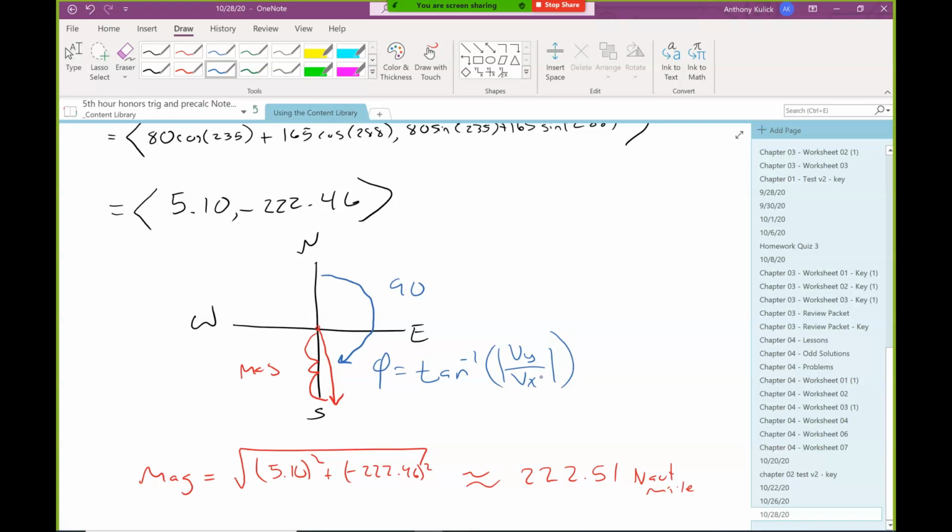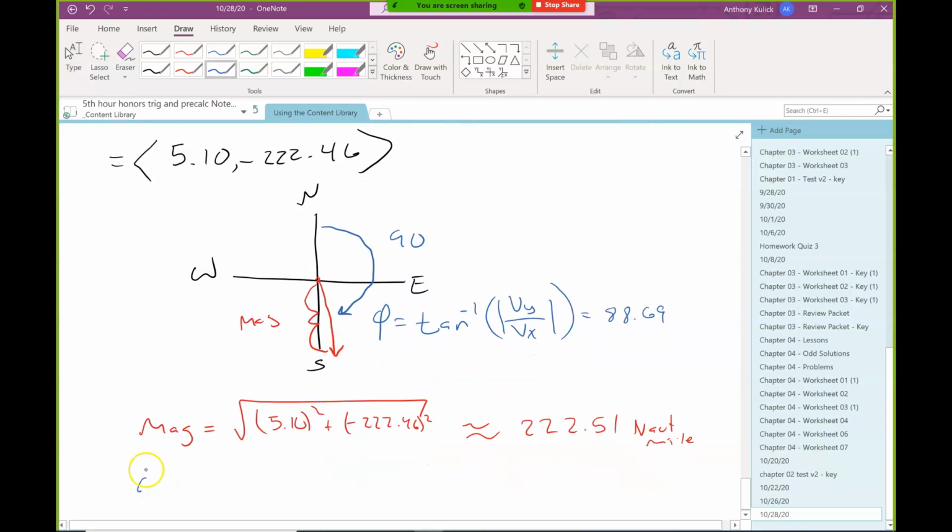Direction is 90 plus phi, which works out to be a direction of 178.69.